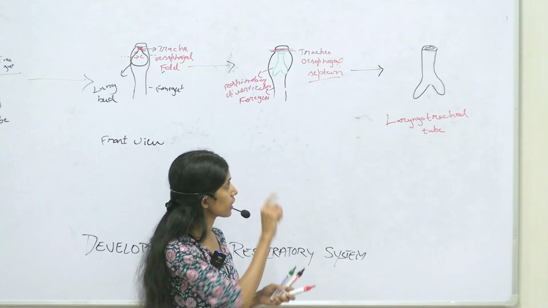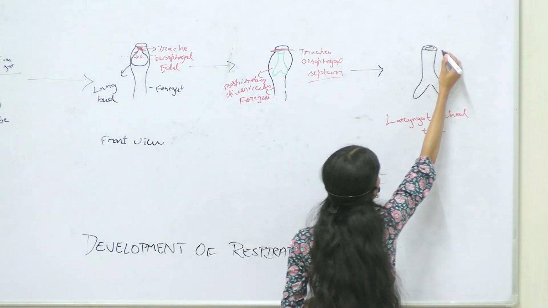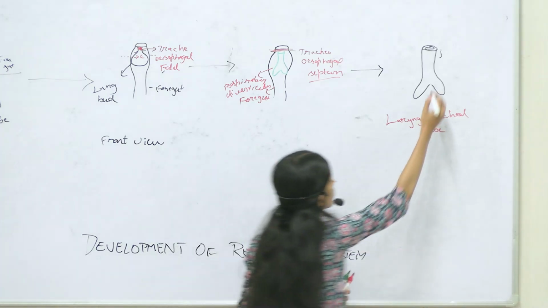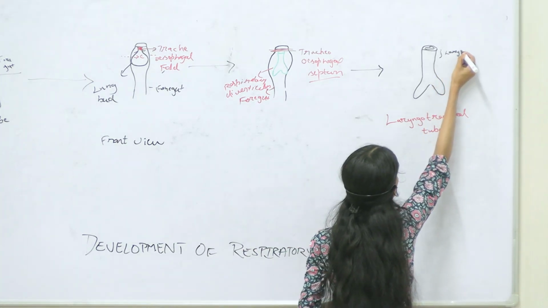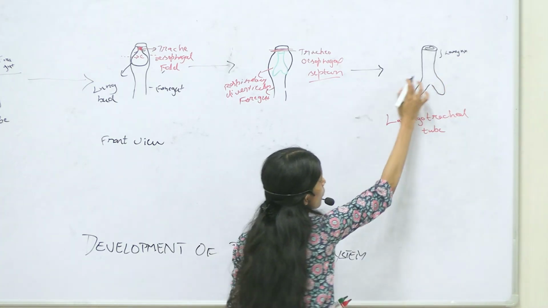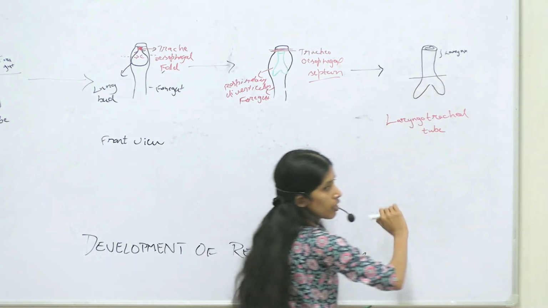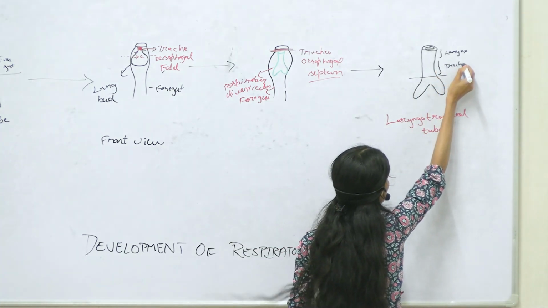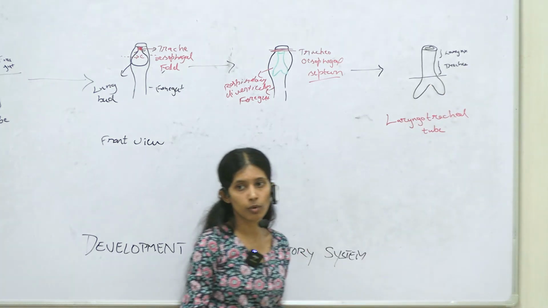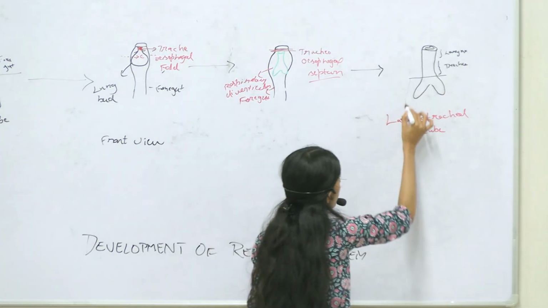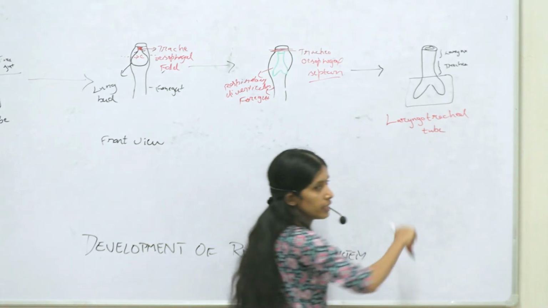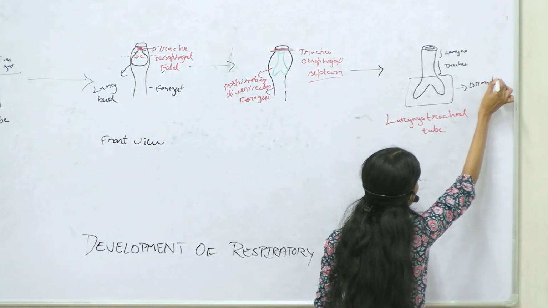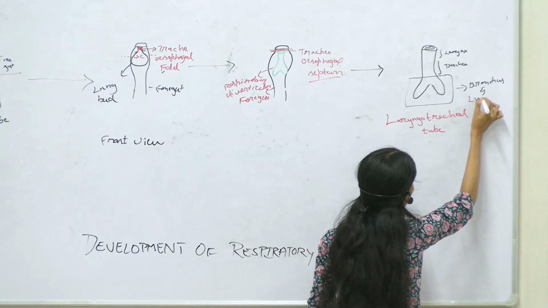From the cranial most part, we can see the development of the larynx. Just above this bifurcation part, we can see the development of the trachea. And from this bifurcation part, we can see the development of your bronchus and lung.